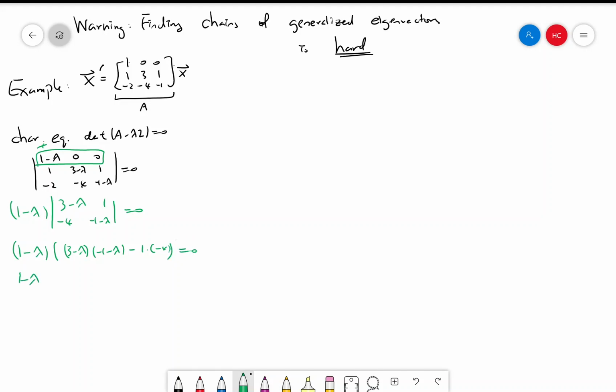So 1 minus lambda, lambda squared minus 2 lambda minus 3 plus 4, so plus 1, equal to 0. So this gives you negative lambda minus 1 cubed equal to 0. So lambda equal to 1 is the only eigenvalue, and the multiplicity is 3.